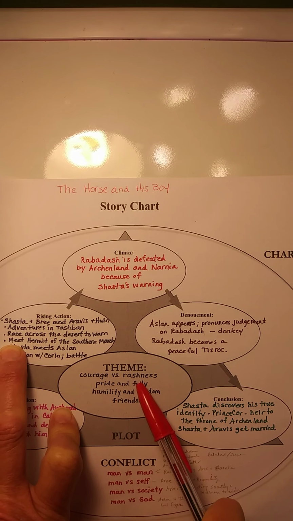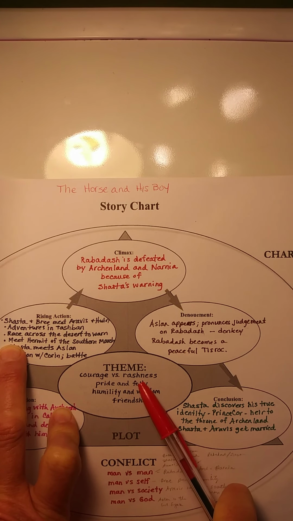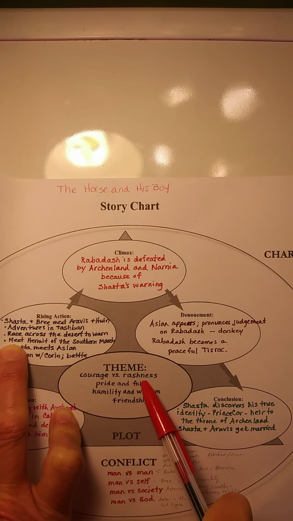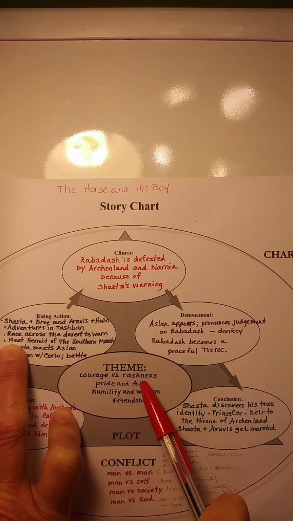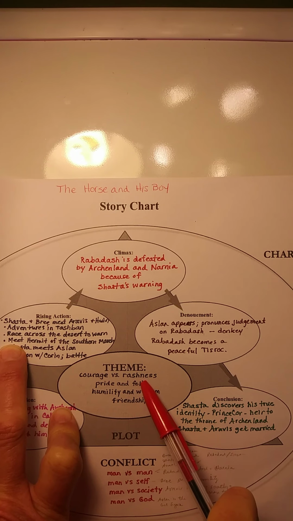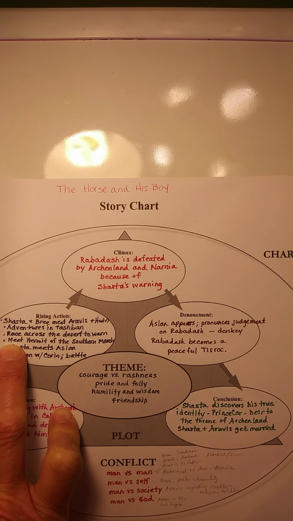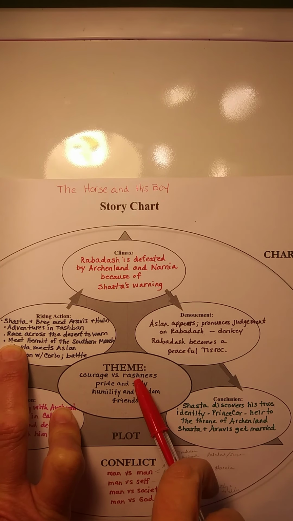Versus, okay, rashness. Where do we see rashness? And the main place is with Rabidash. He just rashly wants to fly with 200 men to go and take the capital of Archenland, which is Anvard, by himself, and then go on to Narnia to take Queen Susan by force.